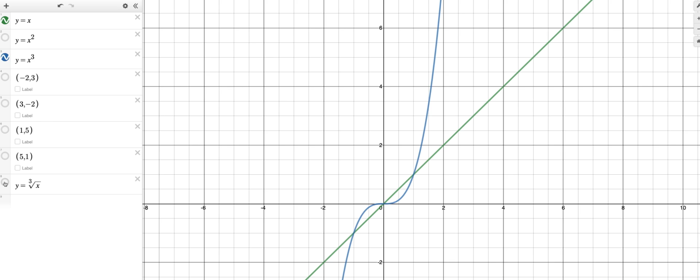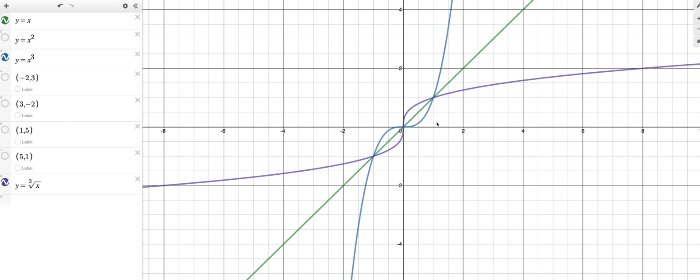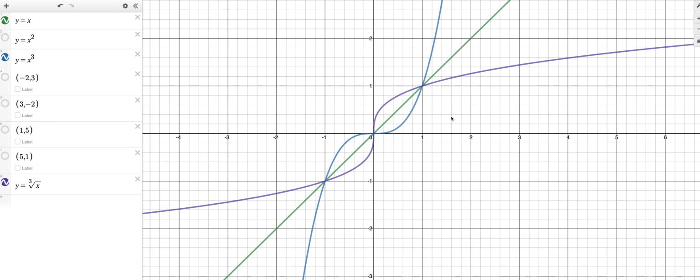Now what I want to do is graph these two together. Here's the idea again. I've got my line y equals x. Here's my original function, the cubing function, in blue. If I reflect that blue curve across the line y equals x, I get its inverse function. Since that curve was one-to-one, so is the reflected curve, and that's the inverse. So you see y equals the cube root and y equals x cubed: the graphs are reflections of each other across the line y equals x, and that always holds.